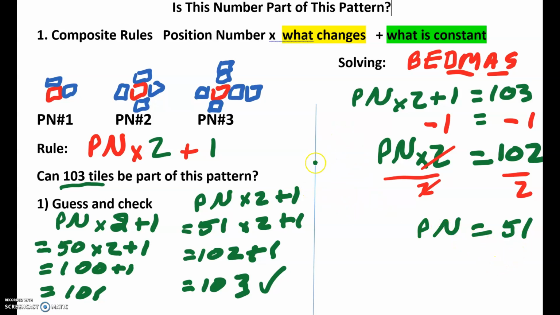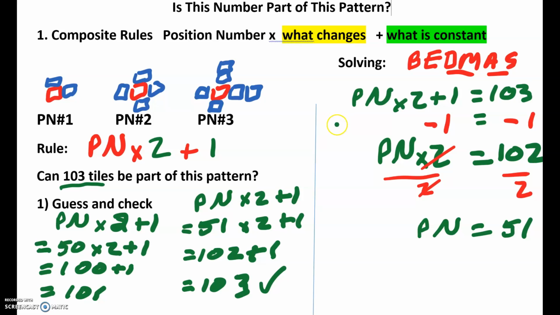So, 2 ways to see if a number fits into your pattern. Number 1 is really what's expected at this point, guess and check. Efficiently estimating what the position number might be, and then trying a couple to make sure that you've gone above or below or right onto that number of tiles. Number 2, we could do algebraic solving. Composite rules are going to take 2 steps to do that. We have to undo everything acting on our expression.